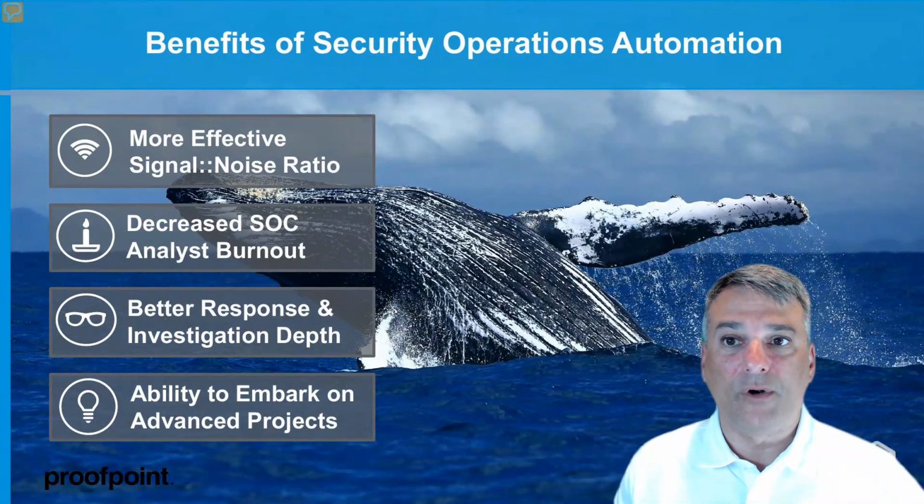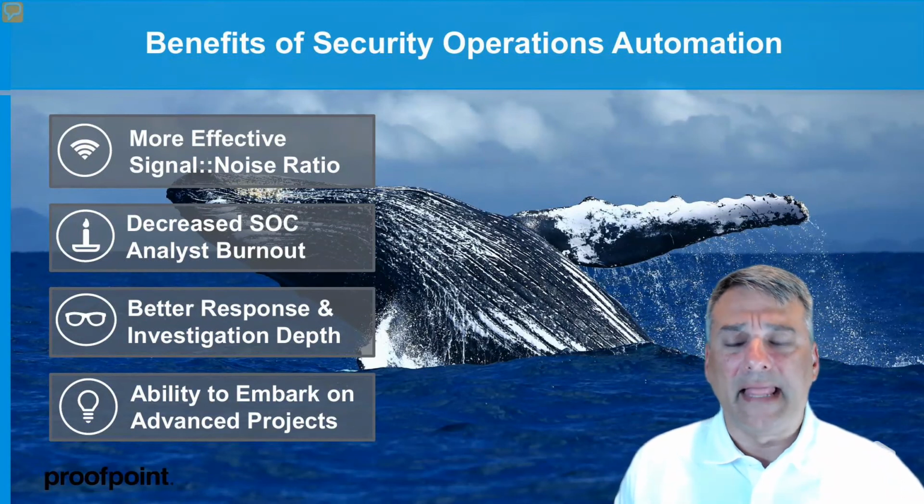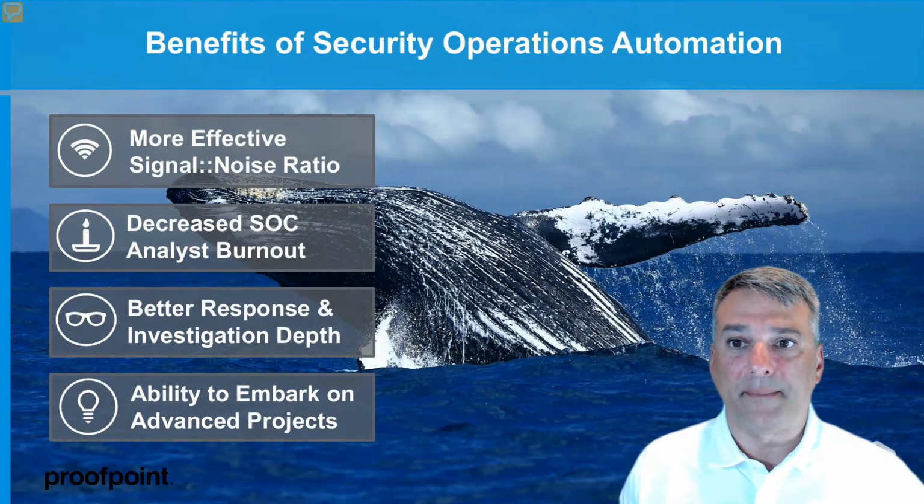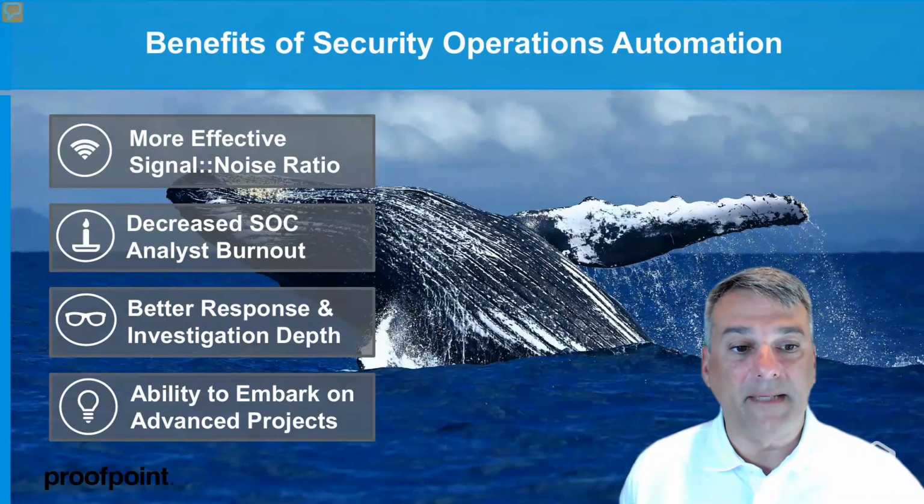And with more effective work, there's decreased SOC analyst burnout. Longer tenures mean that a more experienced workforce is staying on to defend your network. And that leads to better response and investigation depth. That's less time chasing dead ends and more time spent going deep and looking at those systemic risks.